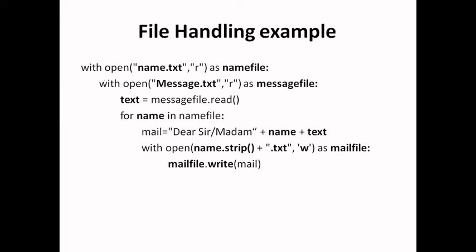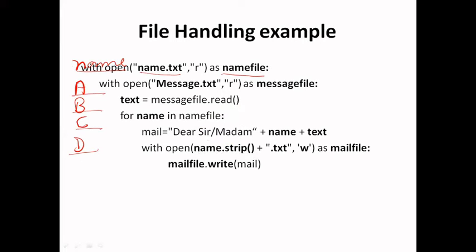In this case, we have a file name.txt which contains some names. Let's suppose these are A, B, C, and D. So this name file contains four names, A, B, C, and D, written in four lines. We have opened this file, and the file object is name file.